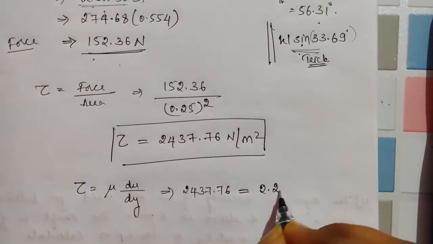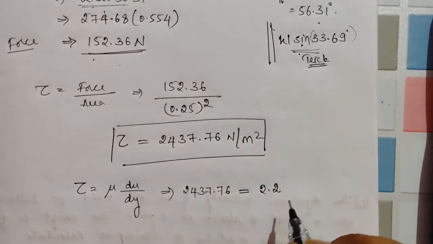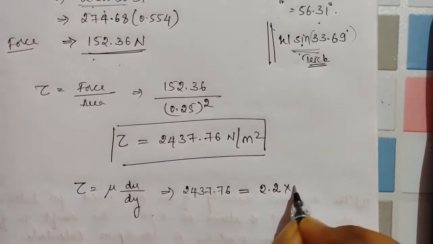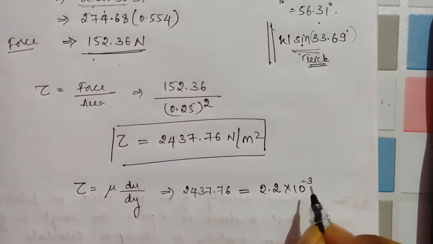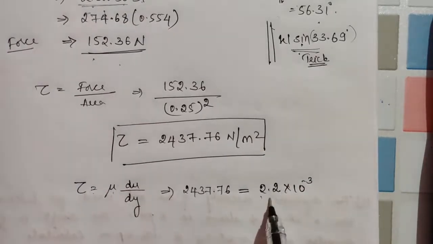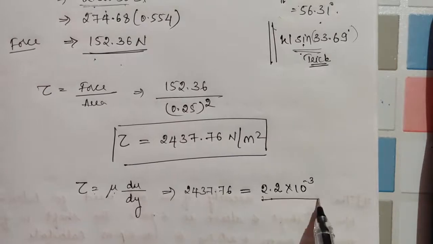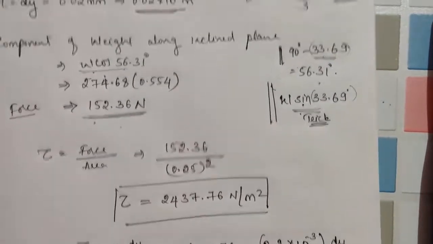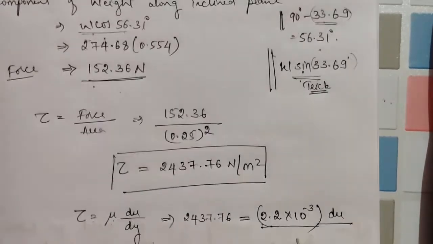You also write along with me, don't just watch, just copy it, so that you will be perfect. So mu is 2.2 into 10 power minus 3, into du. What is dy? The thickness of the film is 0.02.